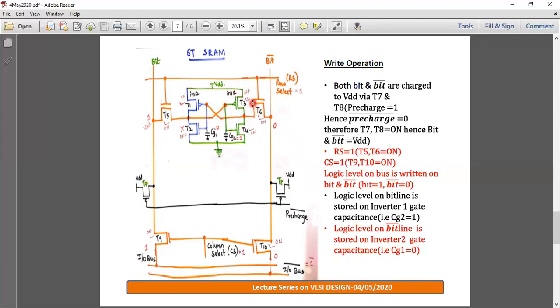And since T6 transistor is on, logic level on bit bar, that is 0, is stored on gate capacitance of inverter 2. So CG1 is holding 0, CG2 is holding logic 1. Thus the logic levels are written in the memory cell.